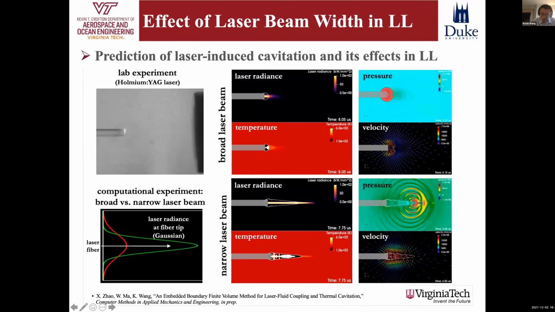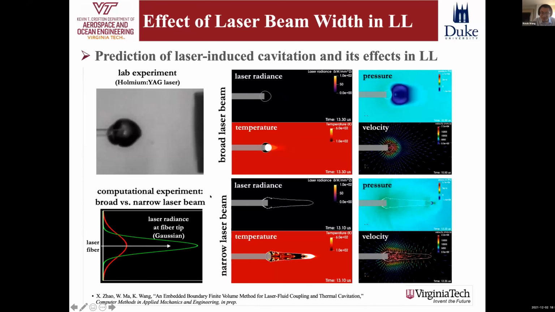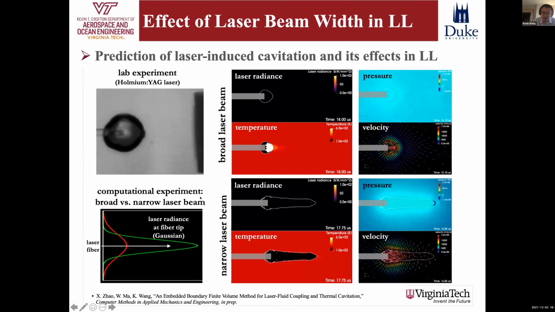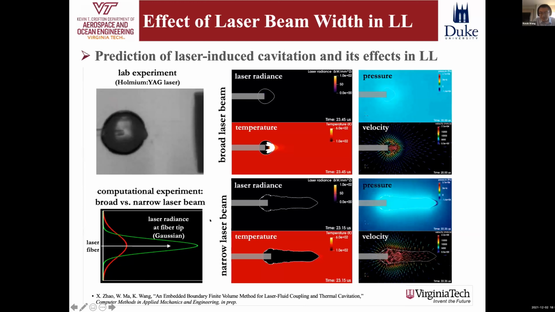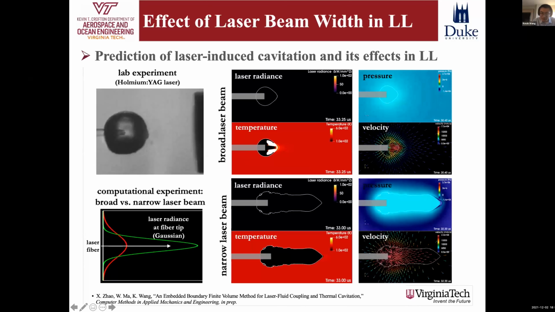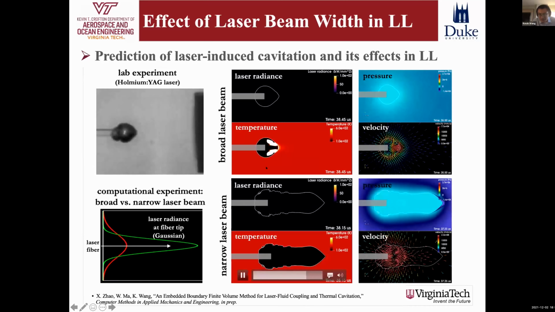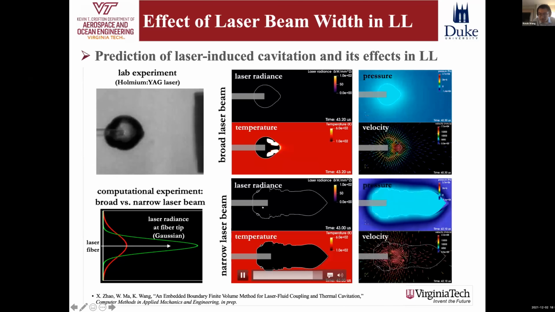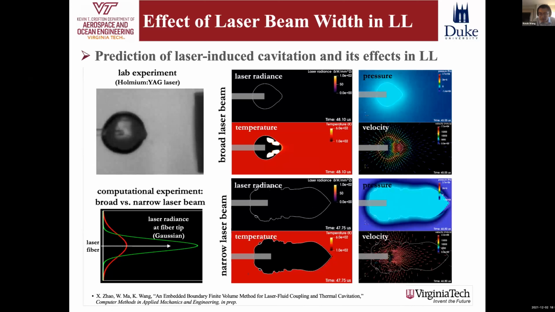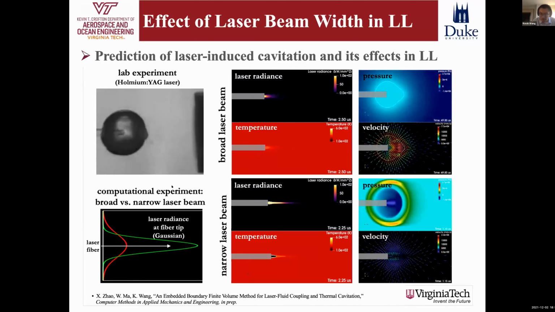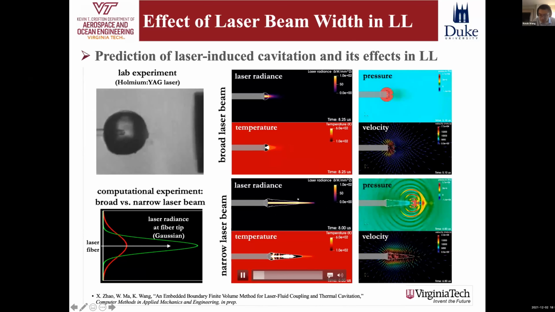And then more recently, we moved on to investigating the effect of laser beam width. This is a comparison between a broad laser beam and a narrow beam. You can see the difference is quite obvious. When the laser beam gets narrower, we're seeing an elongated bubble.